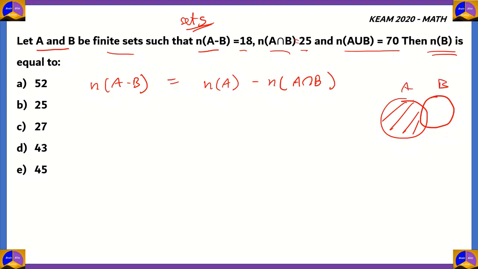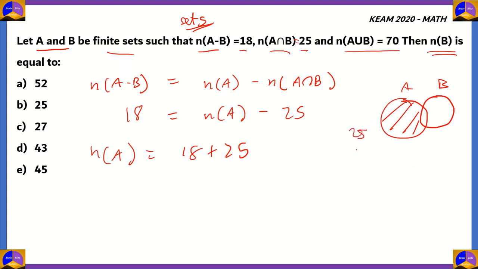You have the whole set A, and you subtract the number of elements which are common, and you get A minus B. So n of A minus B is 18, which equals n of A minus 25. So n of A equals 18 plus 25. When you do the addition, 8 plus 5 gives you 13, and 1 plus 2 plus 1 gives you 4. So therefore, n of A equals 43.